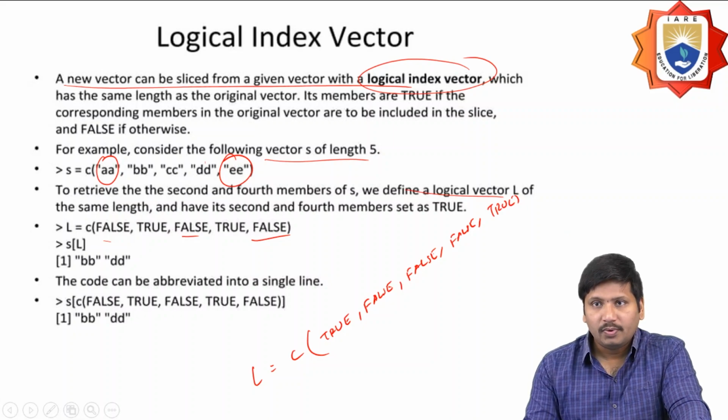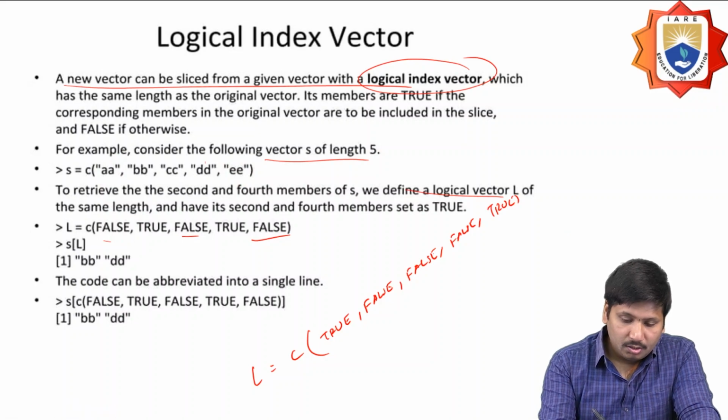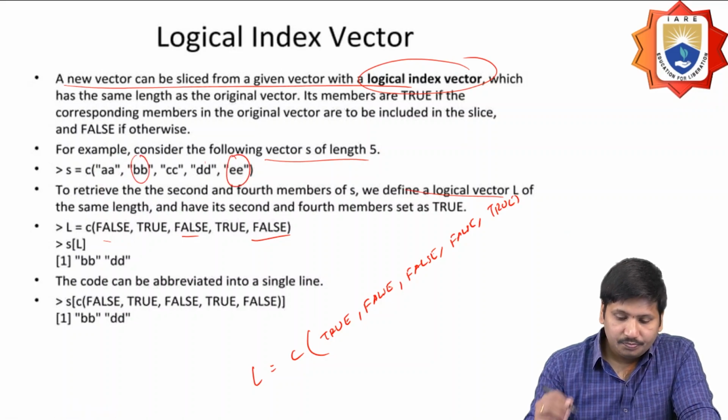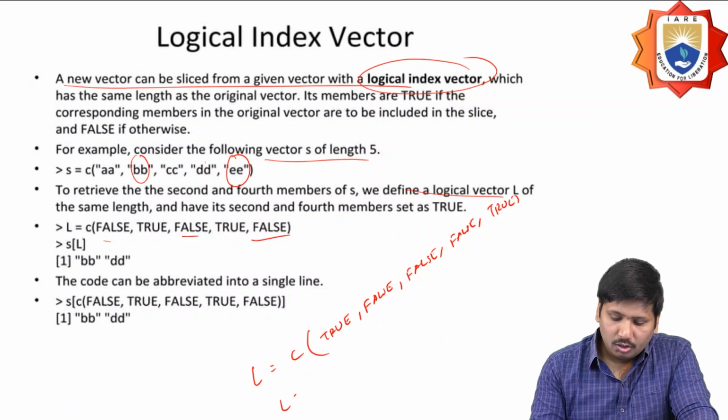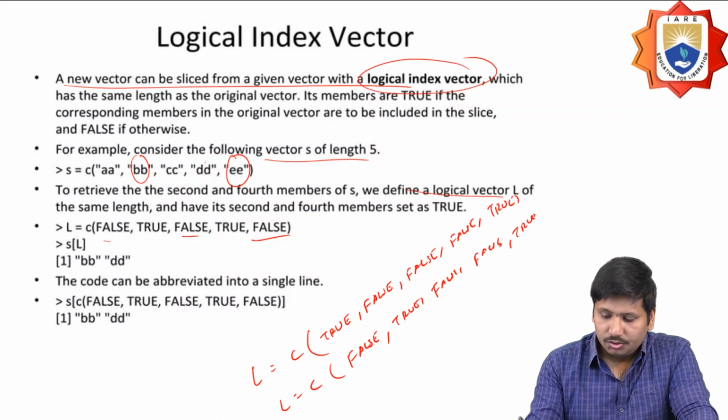Similarly, if I want to access only this second one and then this one, according to the logical index value, I can write: the first one I don't need, so false, true, false, again false, and then true.